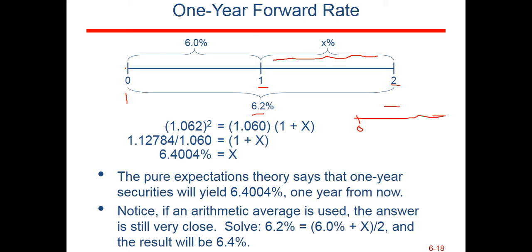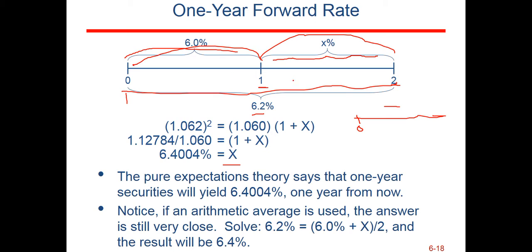Take that and say, okay, if I invest the same amount in year 0, I'm going to get, from a 1 year bond perspective, if I don't do this type of jump and instead do, okay, I'm going to get 6% first, and then what am I going to get next? If you do that, you are going to see that in this year, particularly from year 1 to year 2, the interest rate needs to be 6.4%.